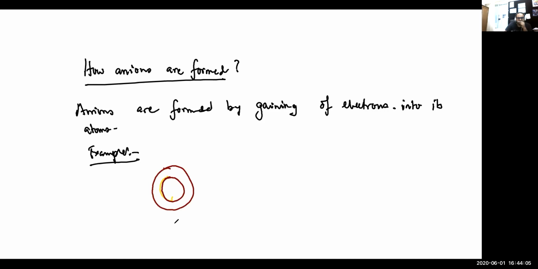The oxygen atom has an electronic configuration of 2, 6: 2 electrons, and then it has 6 electrons. 1, 2, 3, 4, 5, 6.